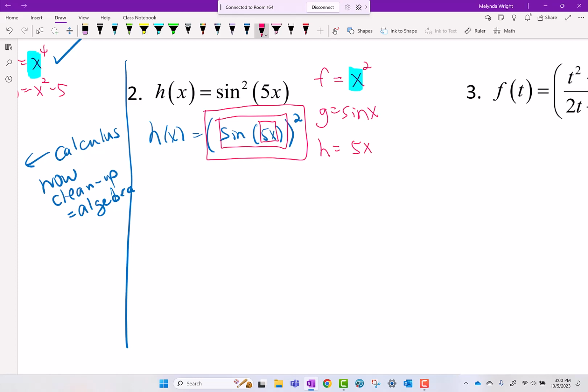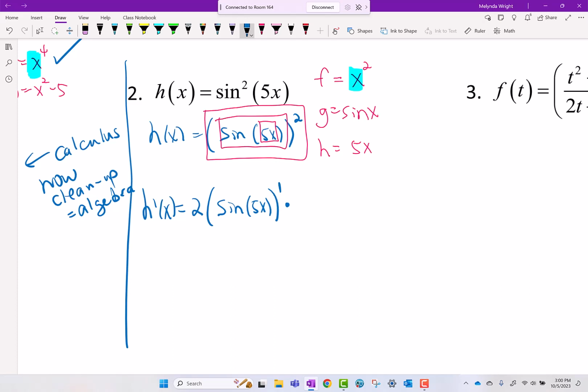Okay, so now let's work on peeling the layers back. We're going to start with the outside layer first. So h prime equals. I bring the 2 down, I copy everything inside of it, and 2 minus 1 is 1, and that's to the first power, times. I just took care of the outside layer.